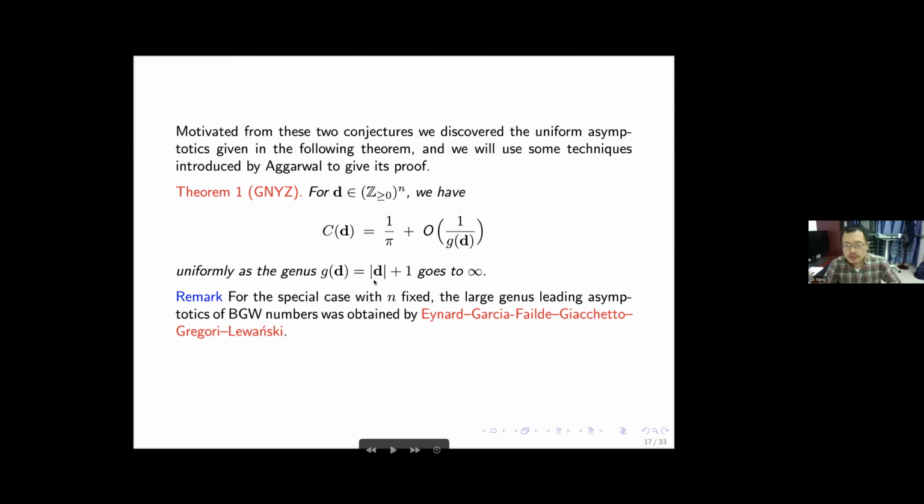Uniformly, as G_D equals the weight of D plus 1, for any D, right? We don't have any requirement for N. So here uniform means as the weight of D plus 1 goes to infinity.